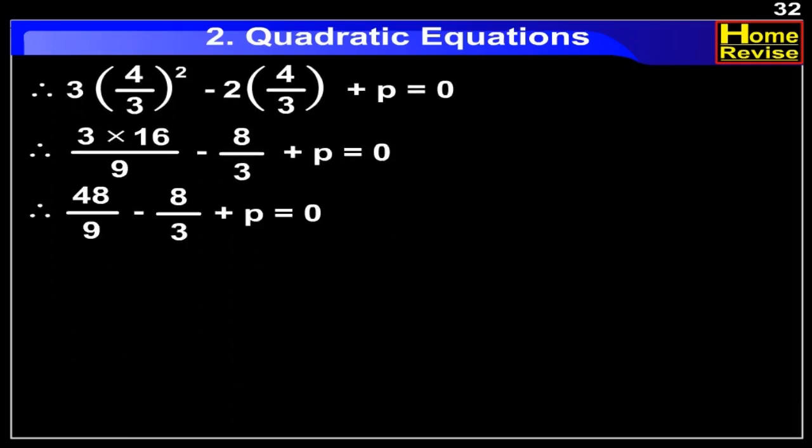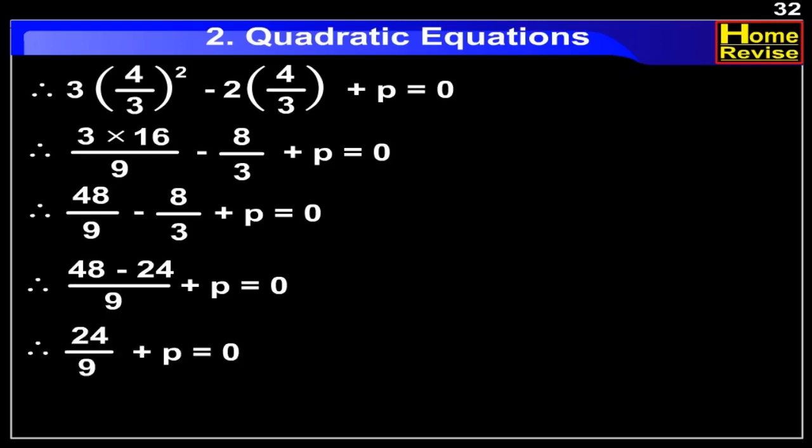Therefore, 48/9 − 8/3 + p = 0. Taking LCM, we get (48 − 24)/9 + p = 0. Therefore, 24/9 + p = 0.